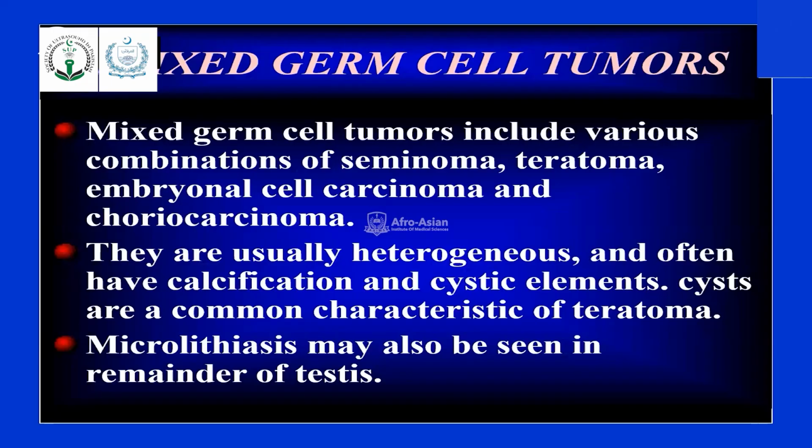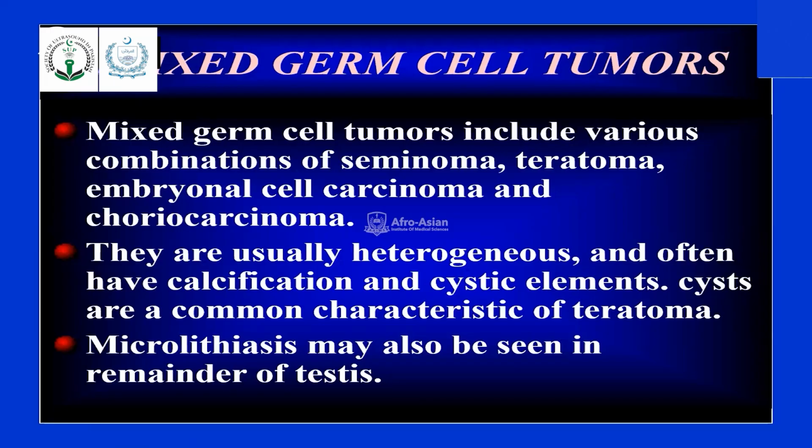Mixed germ cell tumors include a combination of seminomas, teratomas, embryonal cell carcinomas, and choriocarcinomas. They are usually heterogeneous and often have calcification and cystic elements. Cysts are a common characteristic of teratoma.